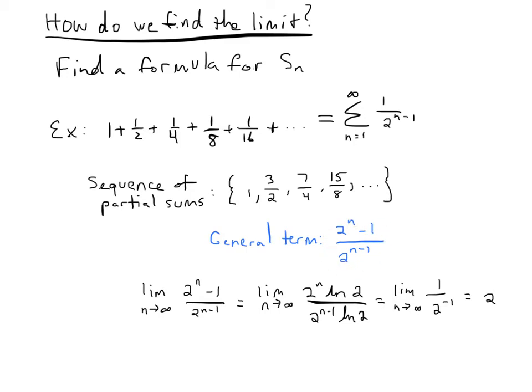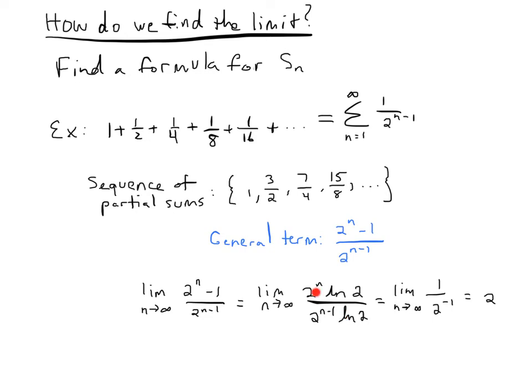And then to find the sum, to figure out what this is equal to, I can take the limit of this general term. If I plug in infinity for those n's, I get infinity over infinity, which means I can use L'Hopital's. So I take the derivative of the top and the derivative of the bottom. The natural logs cancel out, and then I have 2 to the n over 2 to the n minus 1.